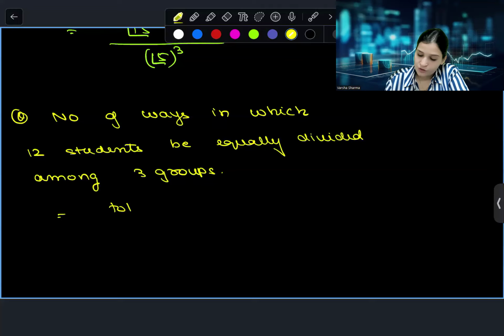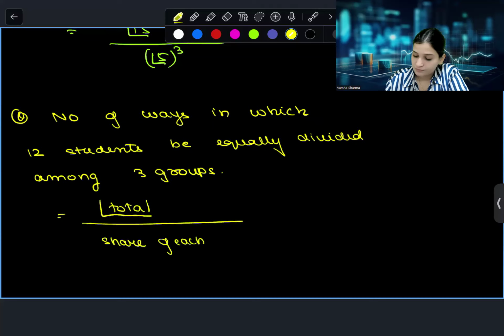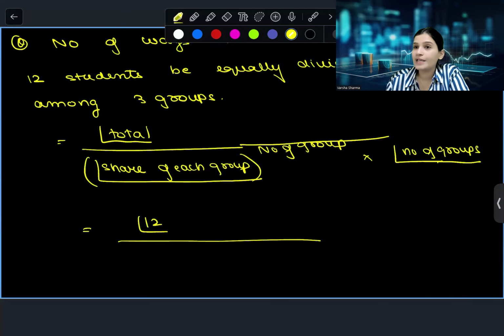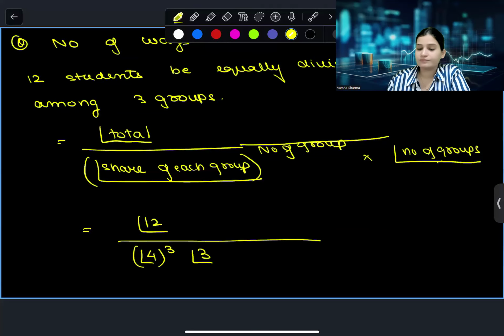Formula: total factorial, share of each group, same formula, to the power number of groups. This much is same, into factorial number of groups. This is extra. So it is 12 factorial. Every group will have how many people? 4 people. Factorial 4 to the power 3 into factorial 3.